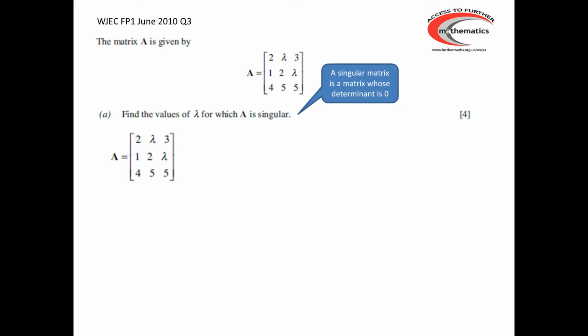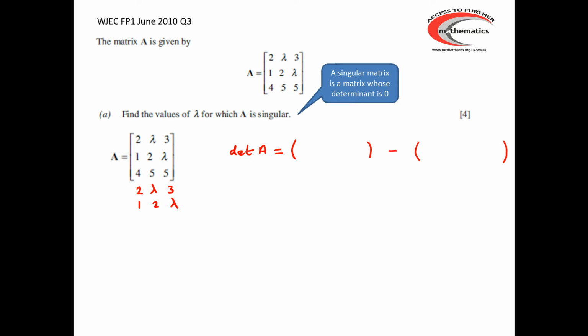Now I do this by simply copying down the first two rows of the matrix A underneath the matrix A. And then the evaluation of the determinant is relatively easy. The determinant of A is 3 terms obtained by multiplying together diagonals going from top left to bottom right, take away 3 terms obtained by multiplying together the terms in the diagonals going from top right to bottom left.